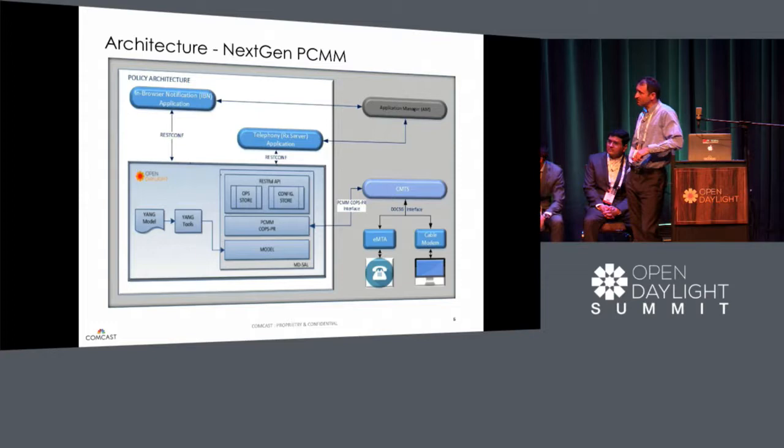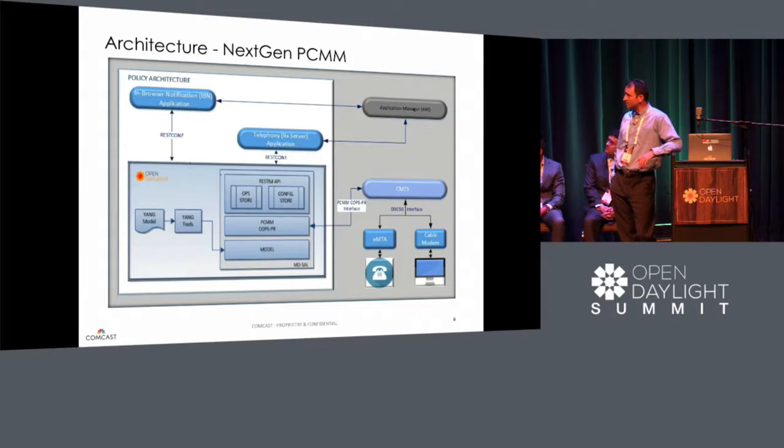We have expanded the existing YANG model and made modifications and additions to the ODL PCMM plugin to meet our network needs. Requests, once received by the ODL PCMM plugin, are converted into policy rules and transferred over the PCMM COPS-PR interface to the cable modem termination system that applies the actual rule for a particular call.